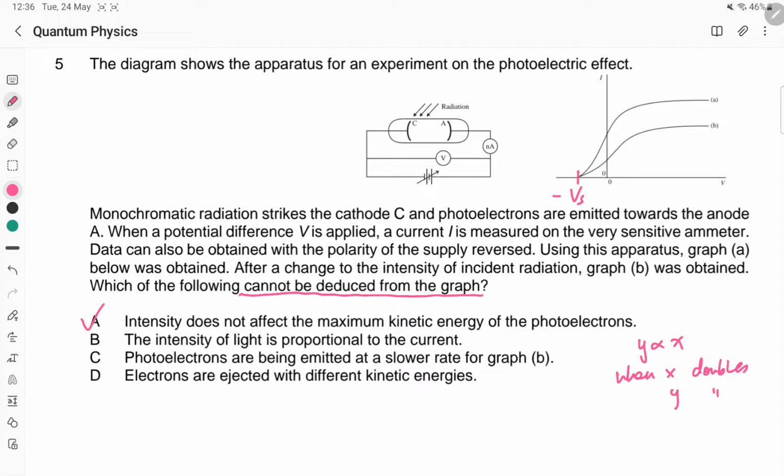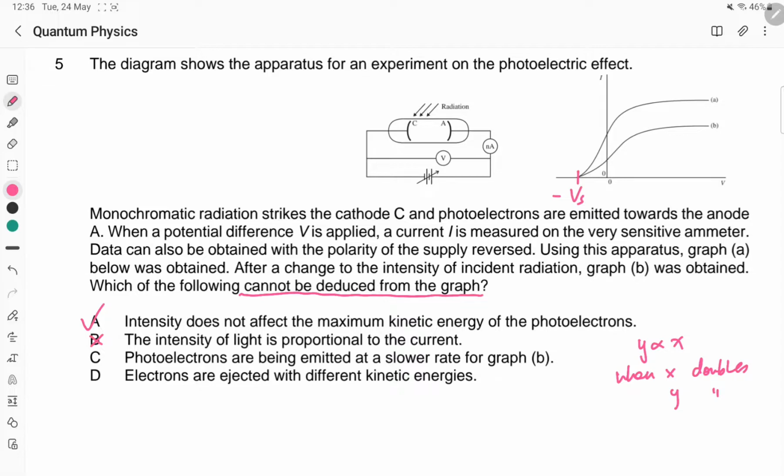But we can't see that from this graph. We only know that when intensity increases, saturation current increases, but there's no quantitative indication. So this statement could not be deduced because we can't tell that it's proportional.